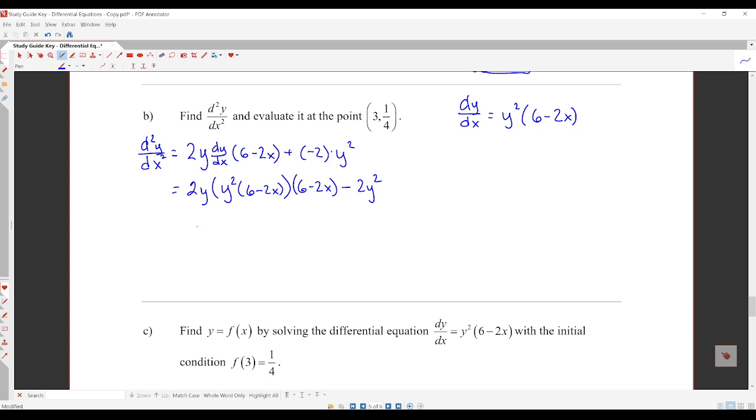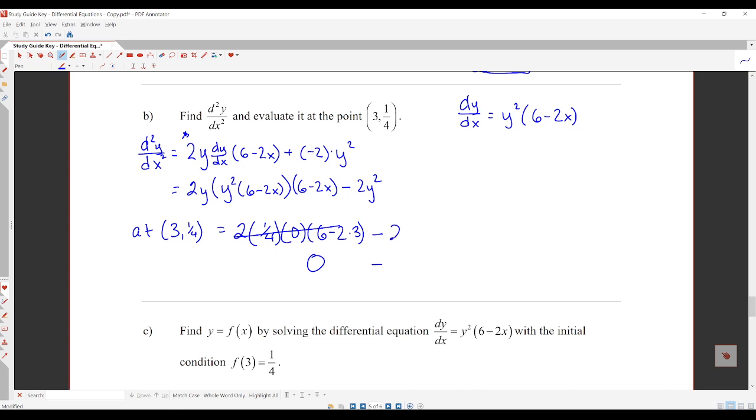Now we want to evaluate it at the point (3, 1/4). I'm going to go back and refer to this first equation up here. So I'm going to plug in 2y, where y is 1/4, dy/dx from part A is 0. And then I get 6 minus 2 times 3. Now this entire piece is just going to be 0.